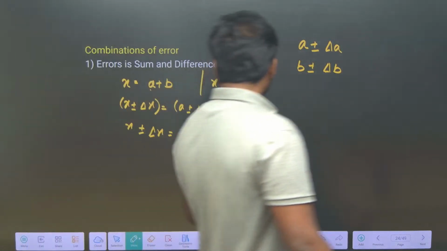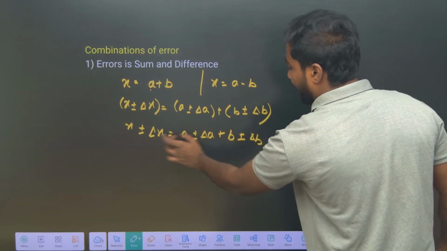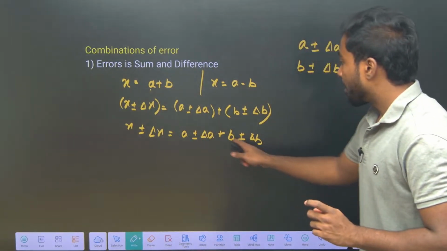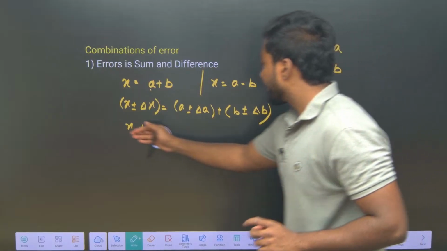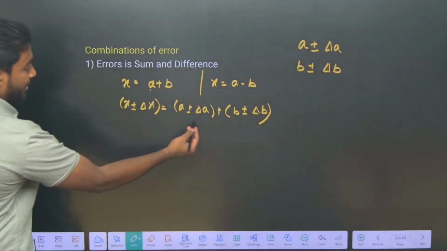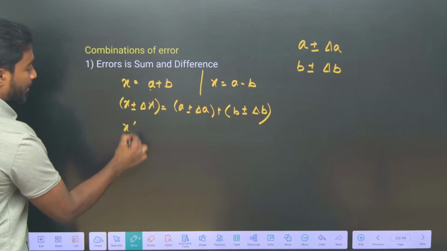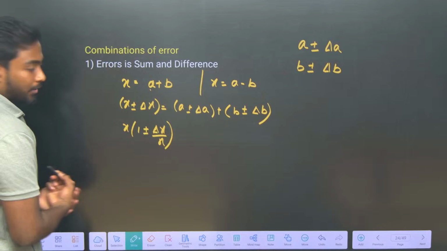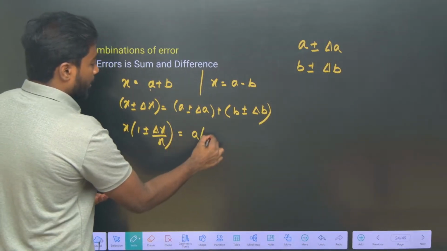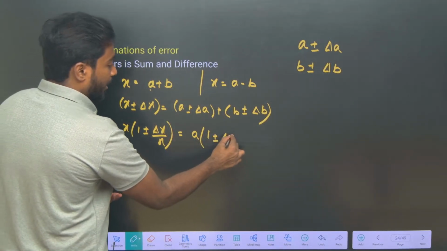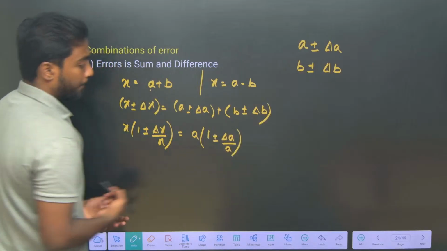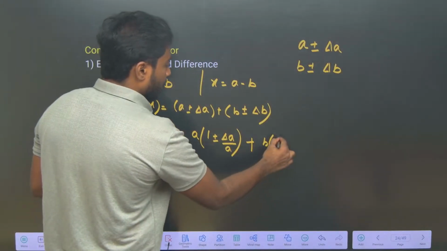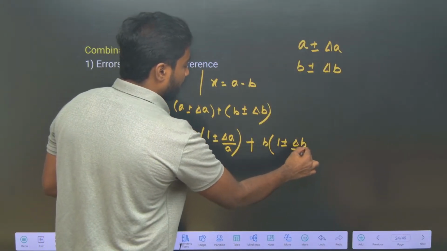I can take x commonly outside here, and a commonly outside, b commonly outside. If I take x commonly outside, 1 plus or minus delta x by x, right, will be equals to a 1 plus or minus delta a by a plus b 1 plus or minus delta b by b.